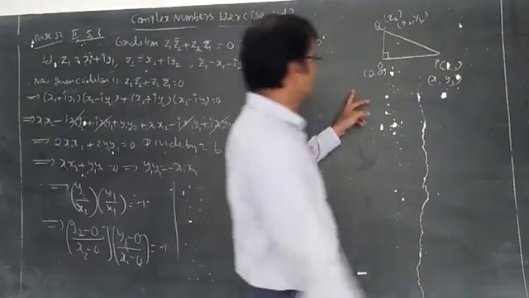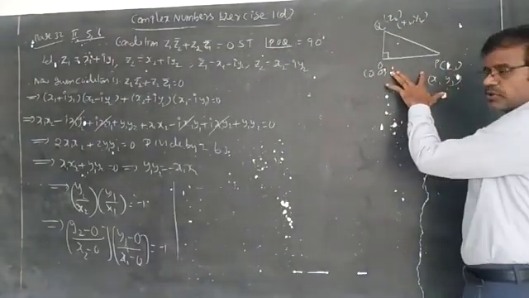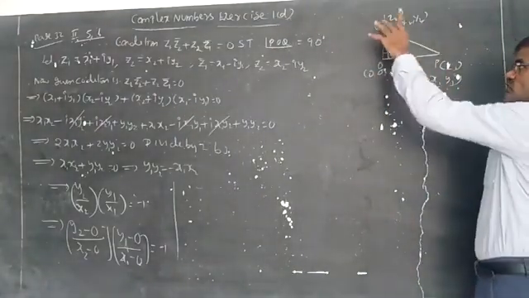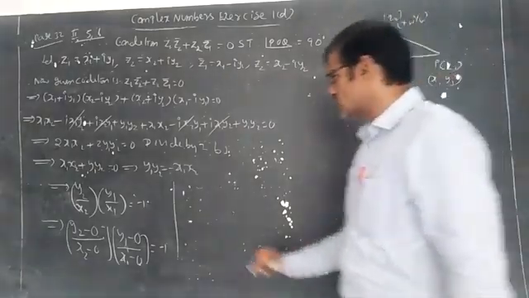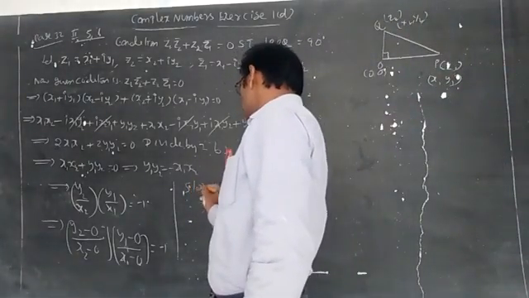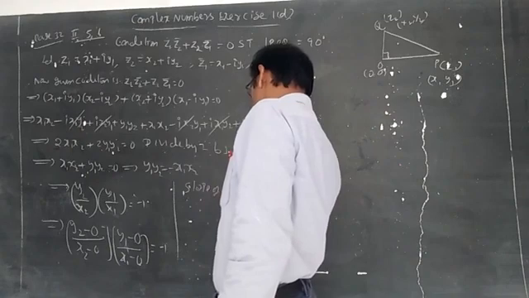According to the diagram, this is the slope of OP and this is the slope of OQ. The product of slope of OP and slope of OQ is equal to minus 1.